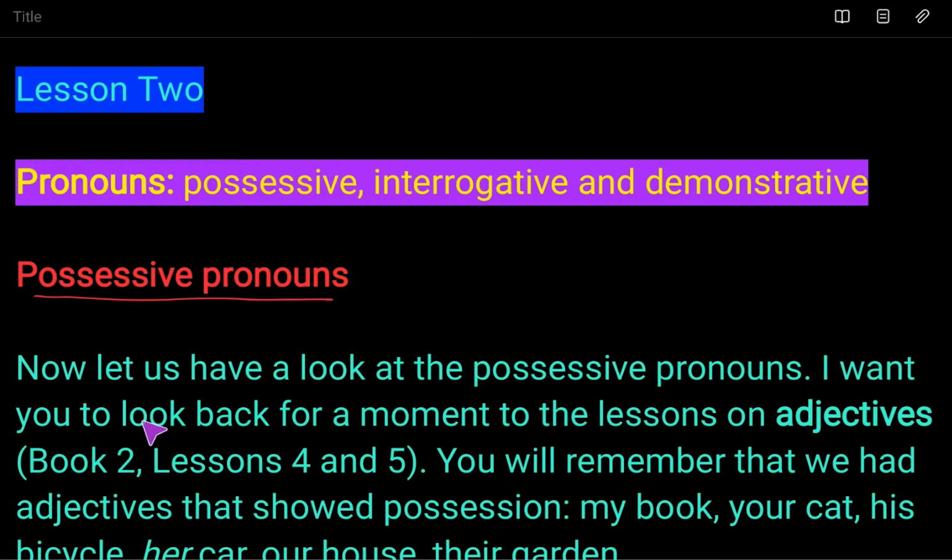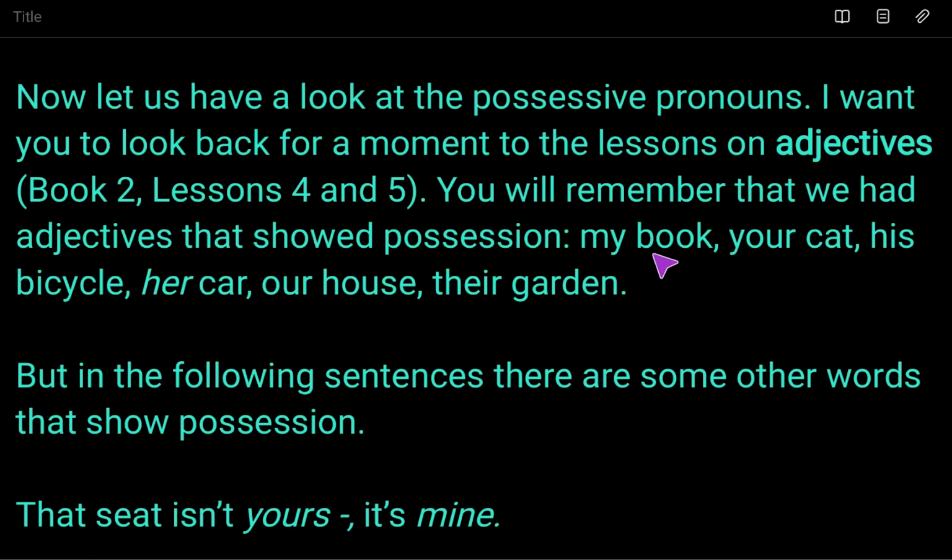I want you to look back for a moment to the lessons on adjectives, book 2, lessons 4 and 5. You will remember that we had adjectives that showed possession, like my book, your cat, his bicycle, her car, our house, their garden.